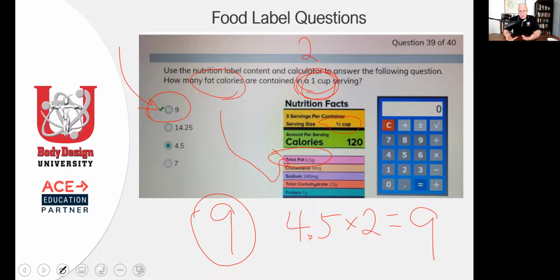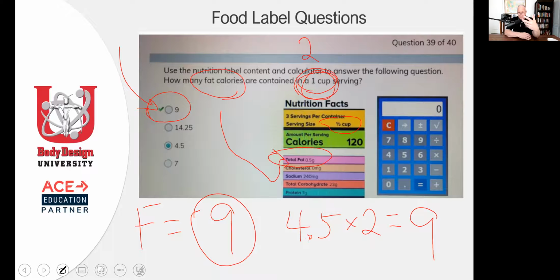Replay the video if you're not getting this. It all came down to what? Fat, 9, right? For every gram of fat, you have 9 calories. Remember, 1 gram of fat, 9 calories, half a gram of fat, 4.5 calories. 2 grams of fat, 18 calories.